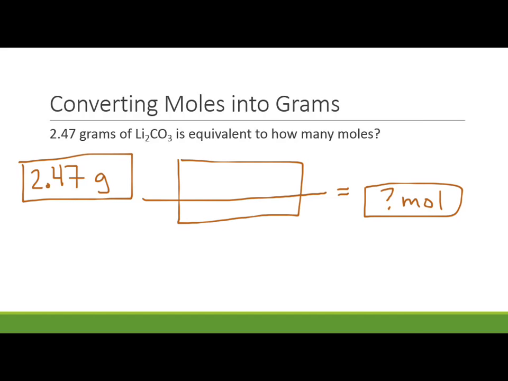So I know that this is Li2CO3. What I need to do is look up the mass of lithium, which is 6.94. So 2 times 6.94 grams plus 1 carbon, which is 12.01 grams, plus 3 oxygens.